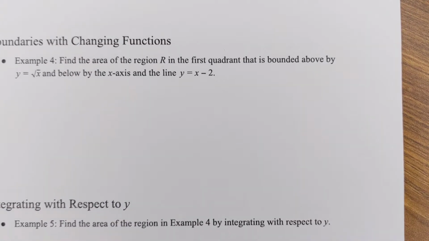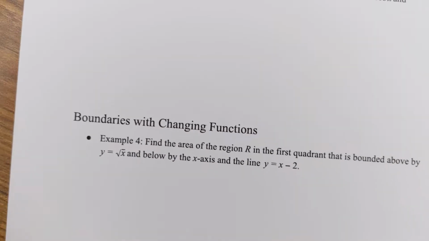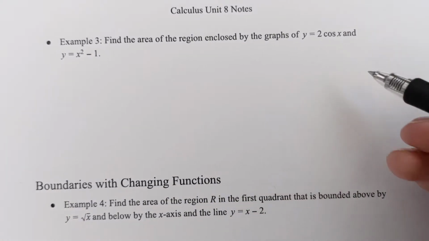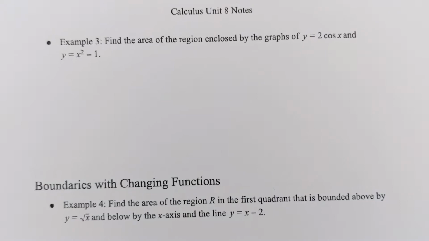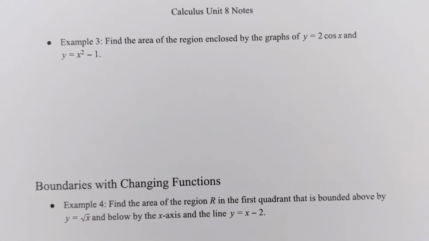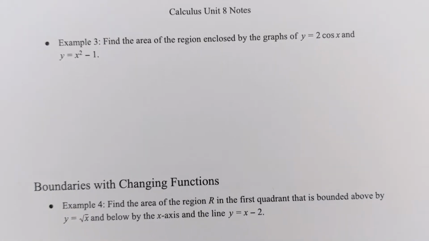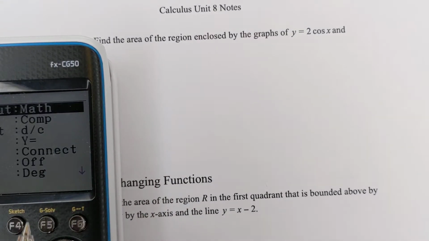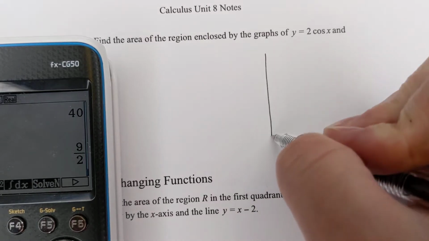Okay, so example 3. Find the area of the region enclosed by the graphs 2 cos x and x squared minus 1. So we need to look at the graph of this. Let's look at the graph on the calculators. I want to try to draw this. Well, we can.